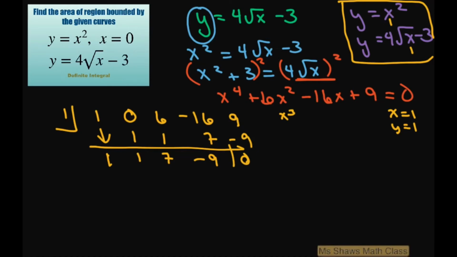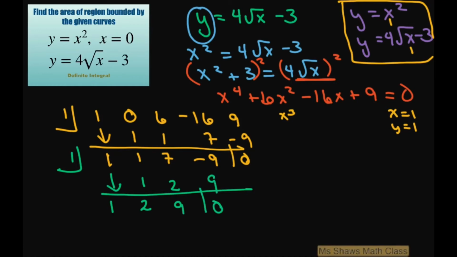So it's a factor. We could do it again, and when you do it again, we copy down the 1 here and bring down the 1. So we're going to multiply and add, multiply and add, multiply and add, and you get 0.